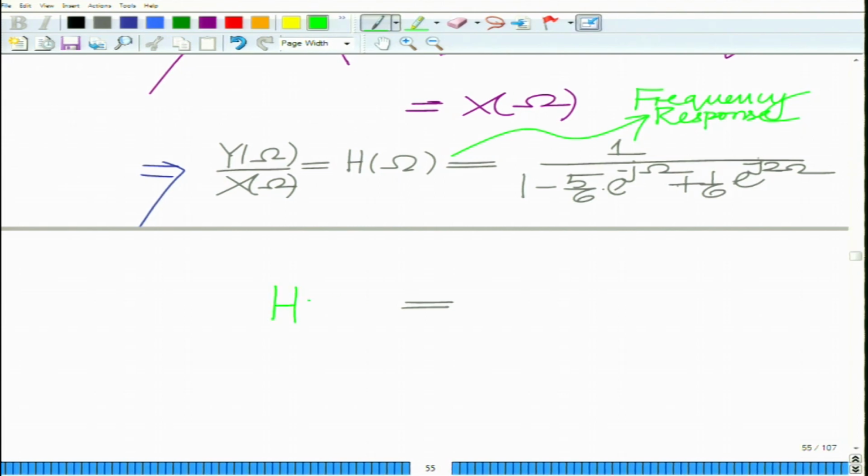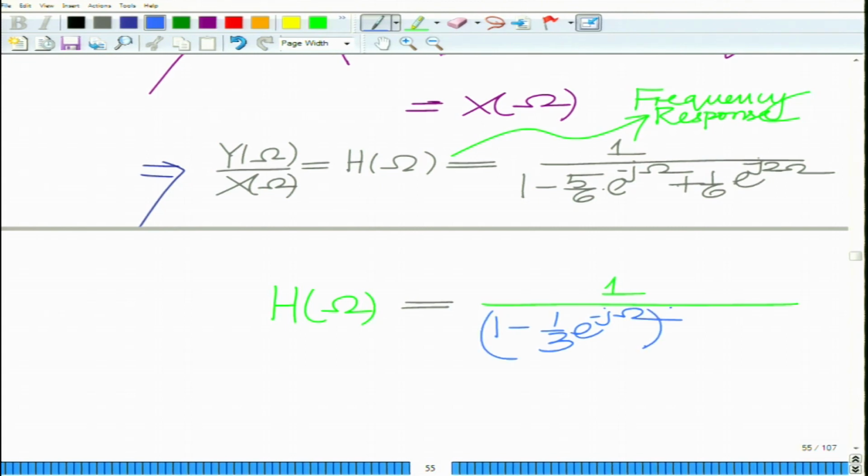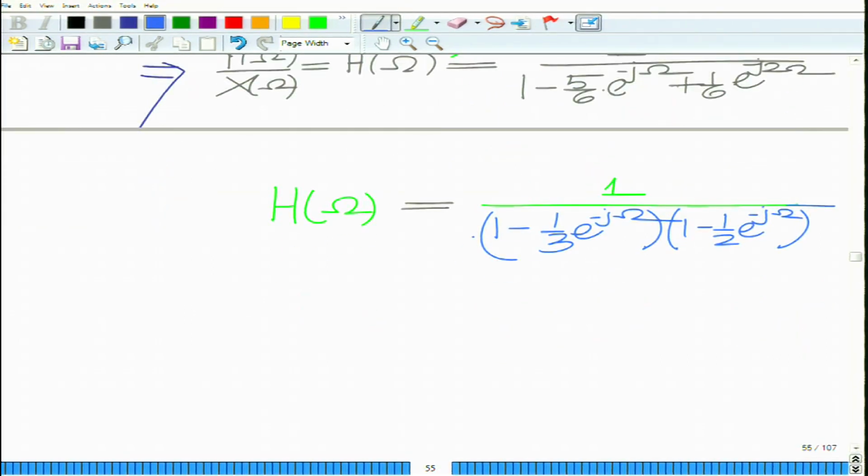So, I have H of omega equals 1 over, and you can easily factorize this, 1 minus 1 over 3 e raised to minus j omega into 1 minus 1 over 2 e raised to minus j omega. Okay. And now, split this into partial fractions, the partial fraction expansion.